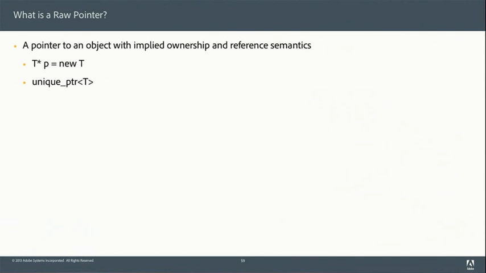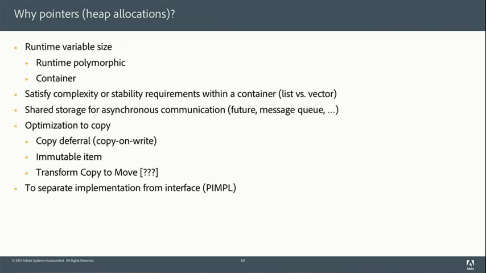It's just it's going to go away when unique pointer goes away. And this is also a pointer with implied ownership. Okay? So when I say raw pointers, that includes unique pointers, shared pointers. Now, Bjarne did a great job of teeing this up for me, and you'll see why in a moment here.